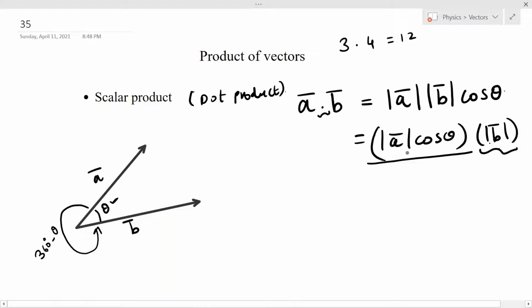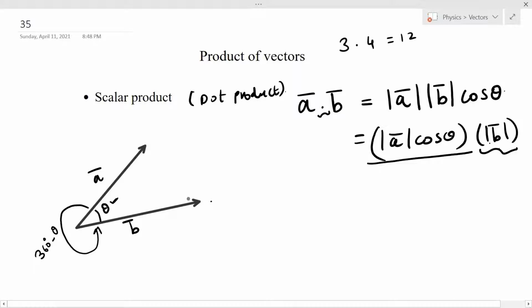And what is this? This is modulus a bar cos theta, that is the projection of the vector a bar along the vector b bar. So I have increased the magnitude of the vector b bar by an amount which is nothing but equal to the projection of the vector a bar along the vector b bar.